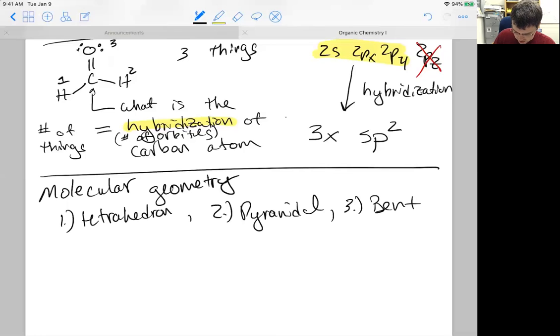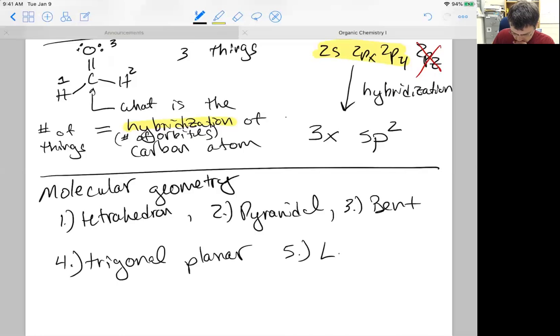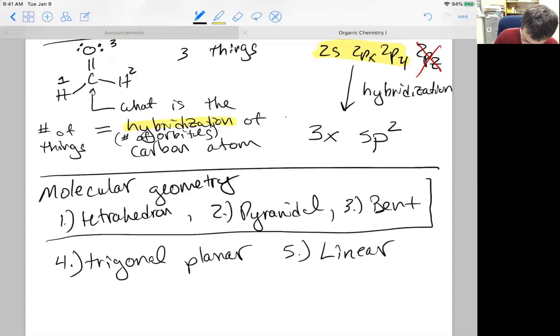We also have to consider the other 2 on the list, which are trigonal planar, which is 4, and 5 is linear.